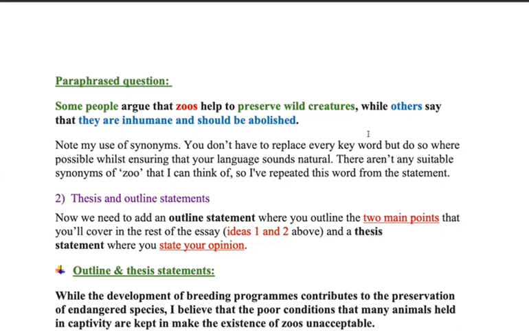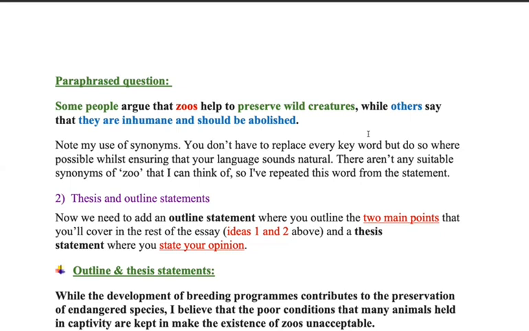So you don't need to change each single word. For example, the word zoo, I can't think of another word, so I have repeated this word from the statement. You don't need to change each single keyword, but it's good to replace it with a synonym if it is appropriate, okay.